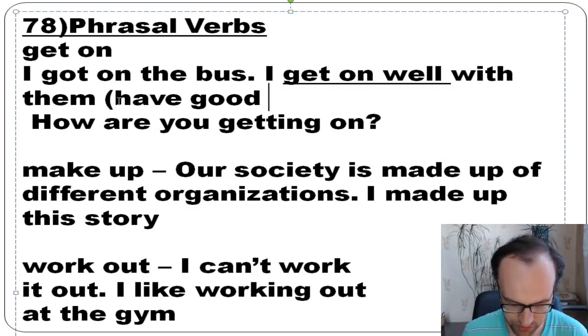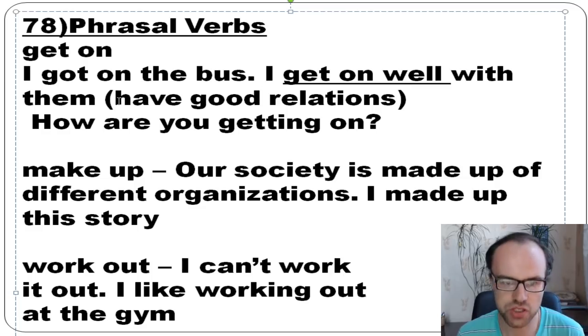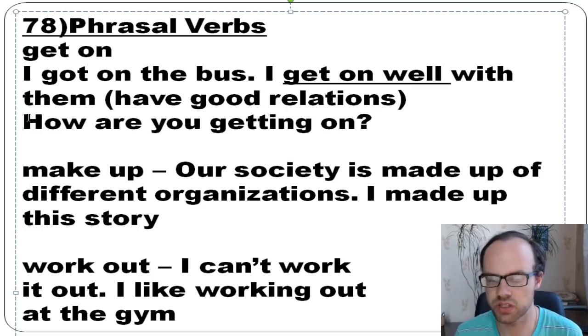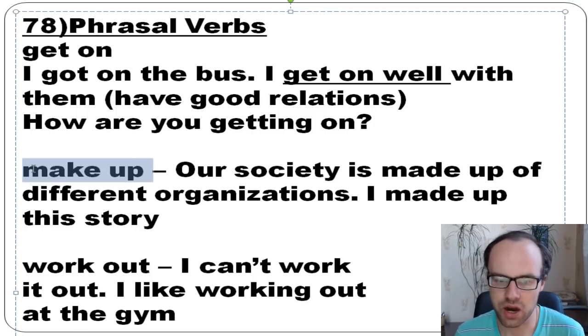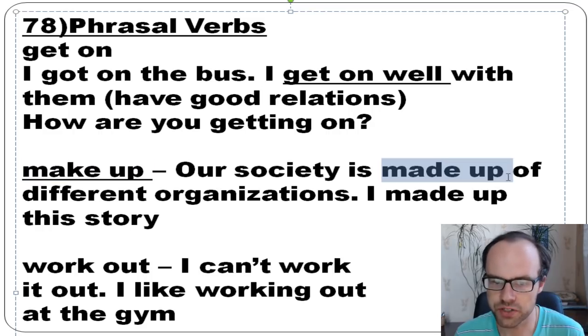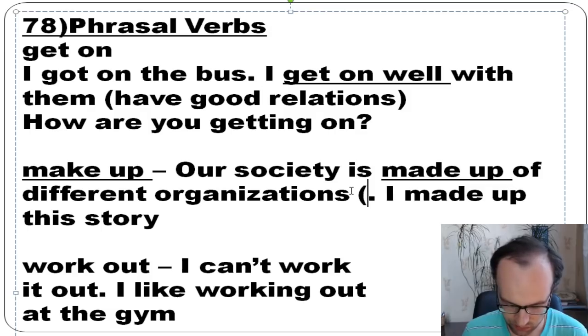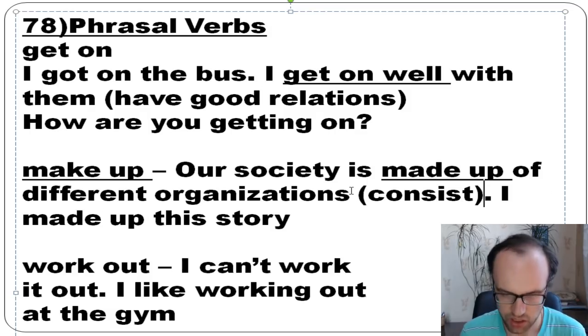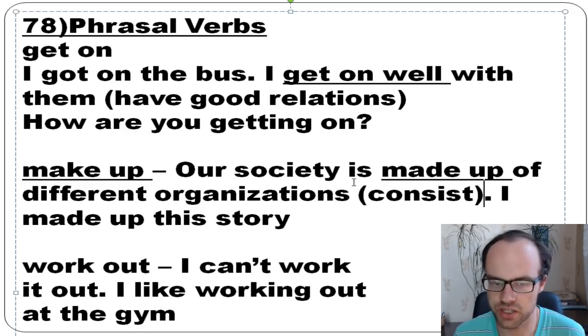Have good relations with them. And how are you getting on? It means how is your progress? So how are you? Okay, so make up. Our society is made up of different organizations, so it has the meaning of consist, and we often use it in the passive.